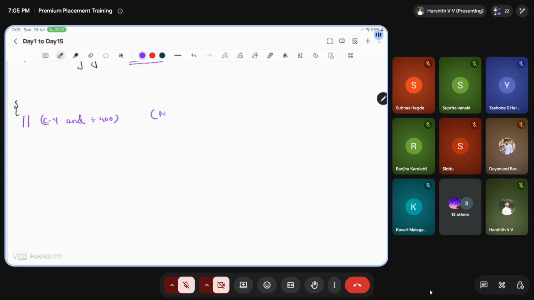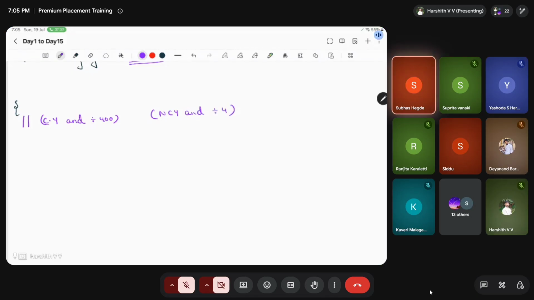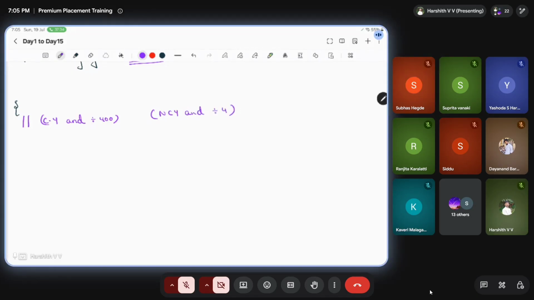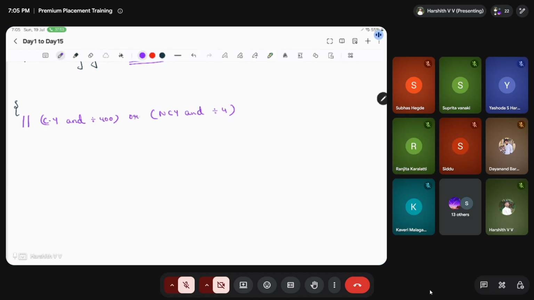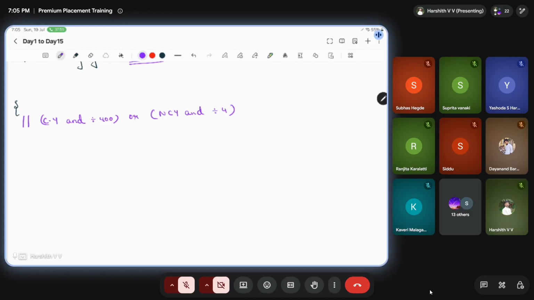If it is a non-century year and divisible by 4, then it is a leap year. If either of these two conditions is satisfied, we return true. Between these two, should we write the AND operator or the OR operator? The OR operator. If any condition is true, then it is a leap year.